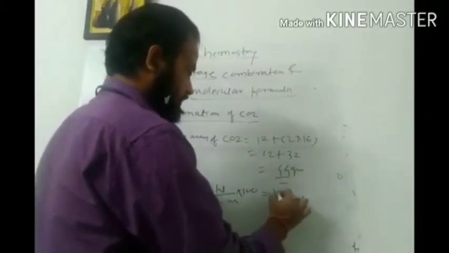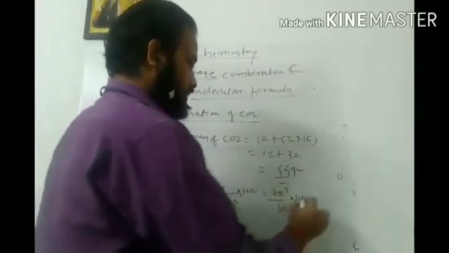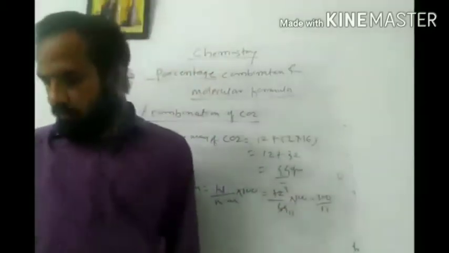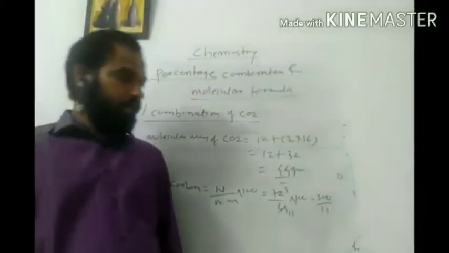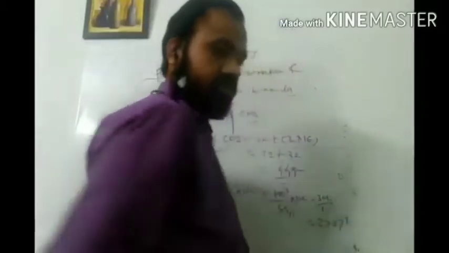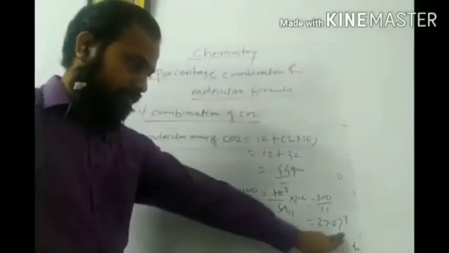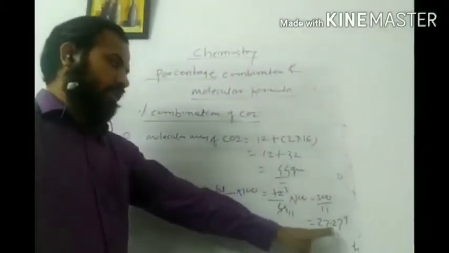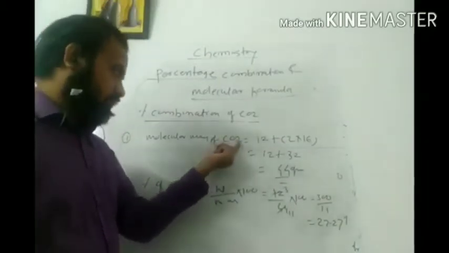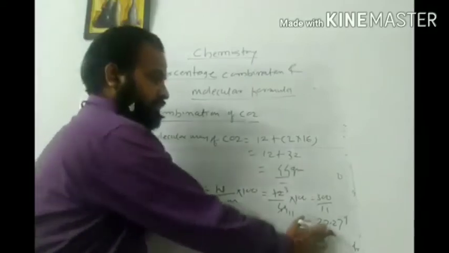So 4 11s are 44, 4 3s are 12, so it becomes 300 divided by 11, or if we calculate precisely, you will get 27.27%. In short, what this answer indicates is that in this carbon dioxide, the total percentage of carbon is 27.27.